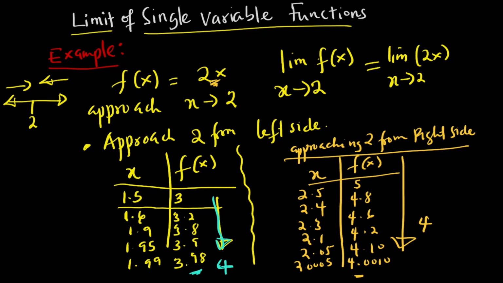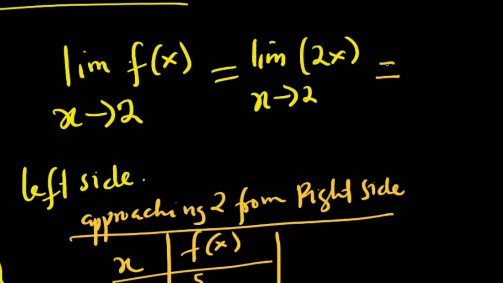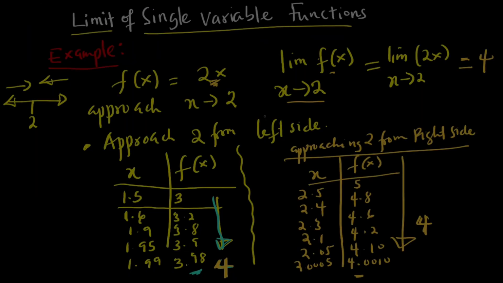So we can finally conclude that since the left hand limit, when we approach from the left side, we had 4, and when we approach from the right side, we had 4, 4 is the limit of f of x as x approaches 2. So the limit of f of x as x approaches 2 becomes 4.